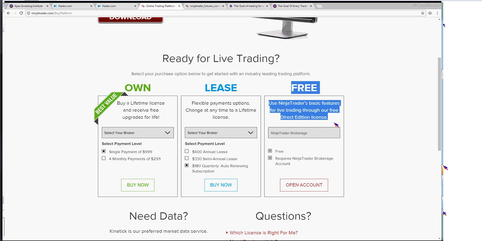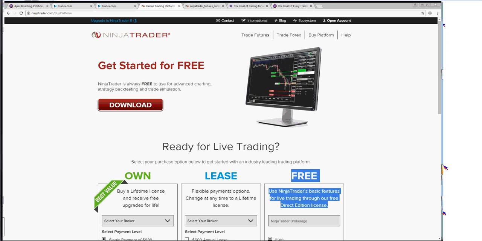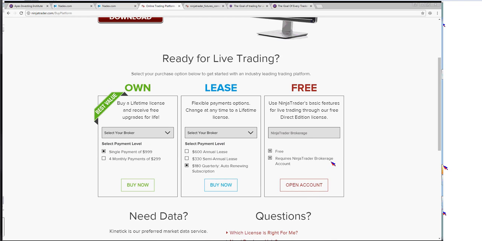My goal is actually to get you to become a futures trader eventually. But start with the free one, and say, hey, I'm low on budget, and that's what I want. I know it's cheaper, and I look forward to leasing it in the future and eventually buying.